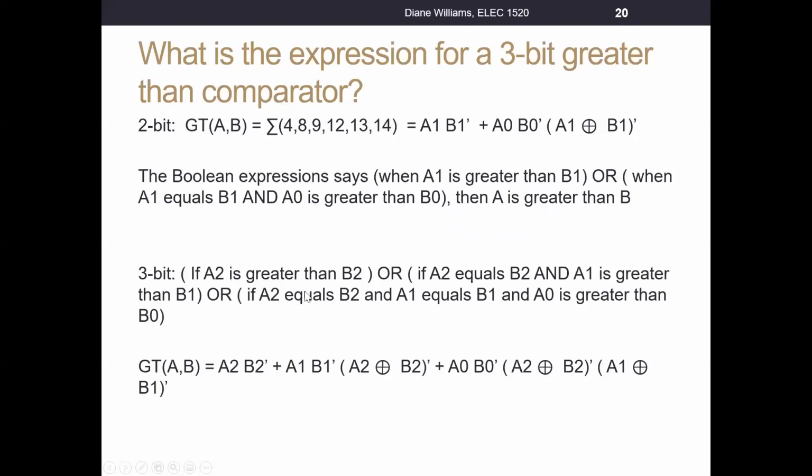And we could then, if we have this expression, this English-like expression, we could turn this into a Boolean expression, right? Here's where A2 greater than B2 or A1 greater than B1 and with A2 equals B2 or A0 greater than B0 and with A2 equals B2 and with A1 equals B1, right?